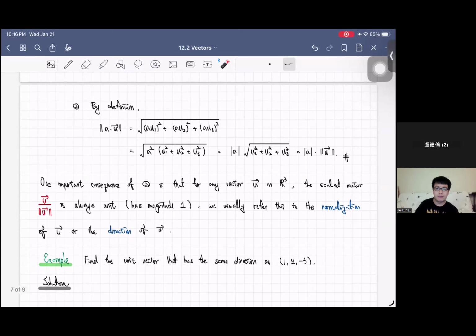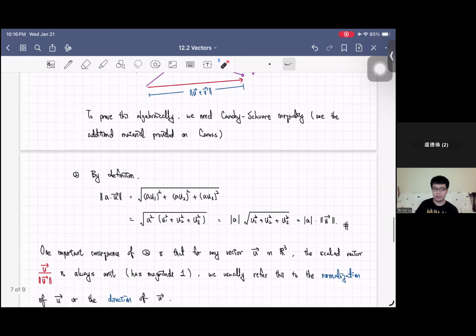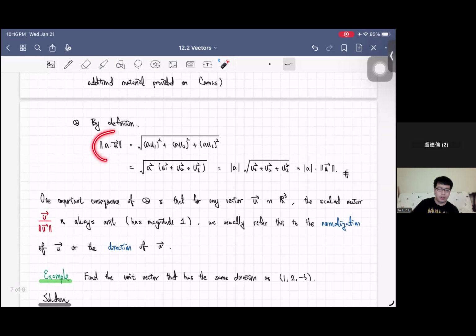So for the second part, oh, why did I use u? I should use v, but anyway. So if we're calculating the magnitude of a vector u taking a scalar multiplication with a, then by definition, we get the square root of (a u1) squared plus (a u2) squared plus (a u3) squared, right? We can factor out a squared since those three have the same factor. And a squared can be factored outside the square root, right?